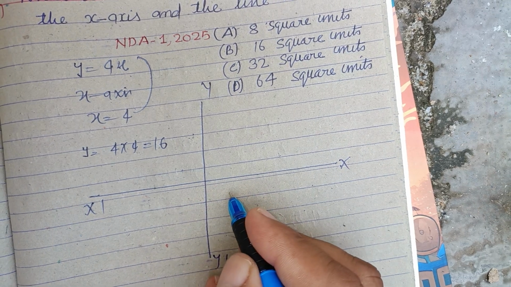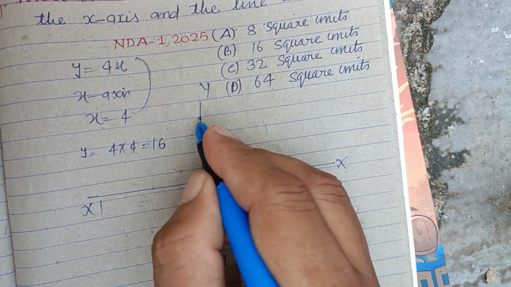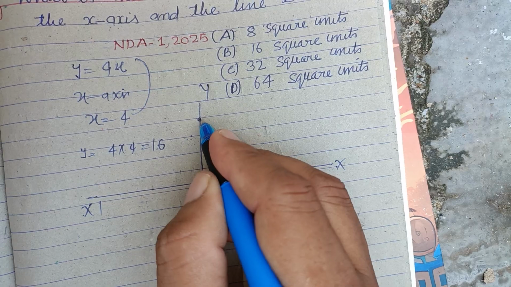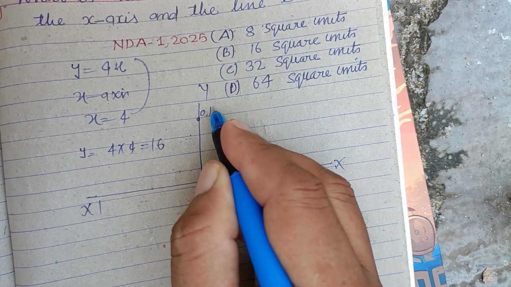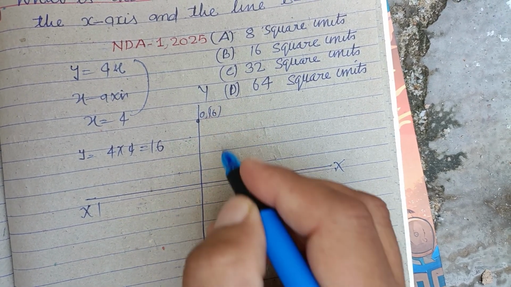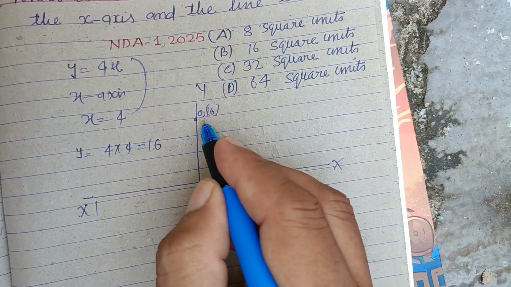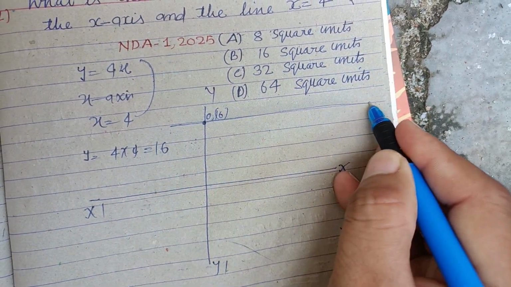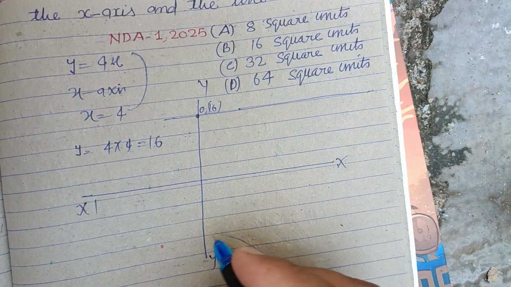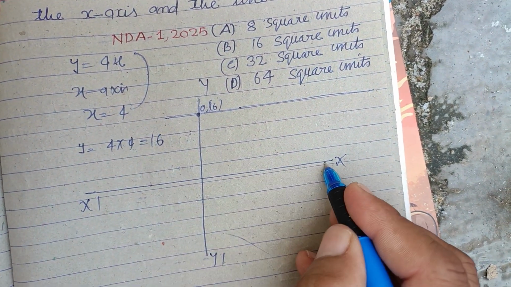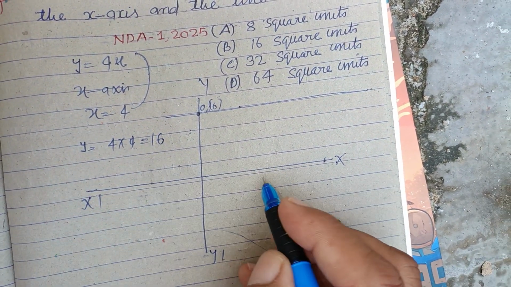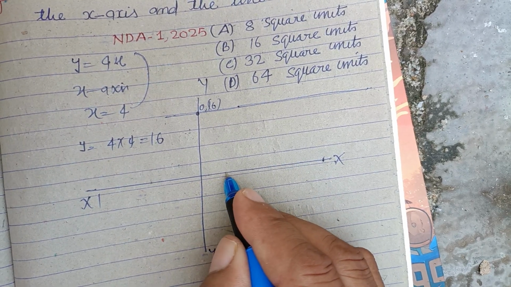So y equal to 16 means here is a line at point (0, 16), and this line is parallel to the x-axis, and x-axis is here, and x equal to 4: 1, 2, 3, 4.